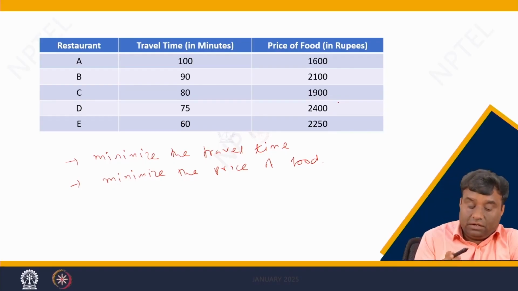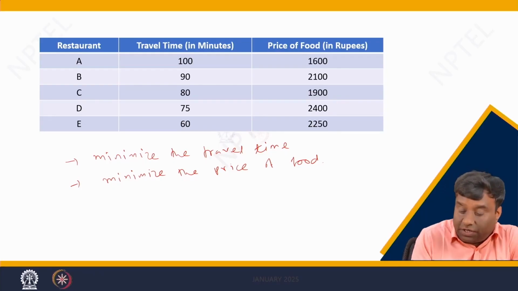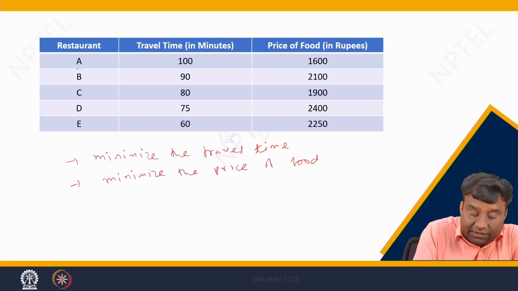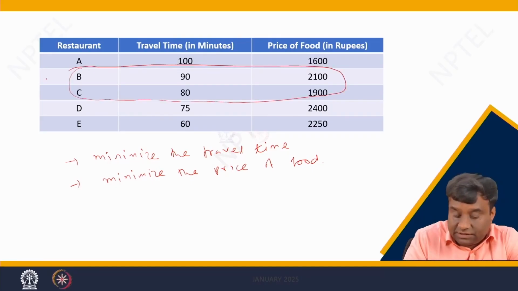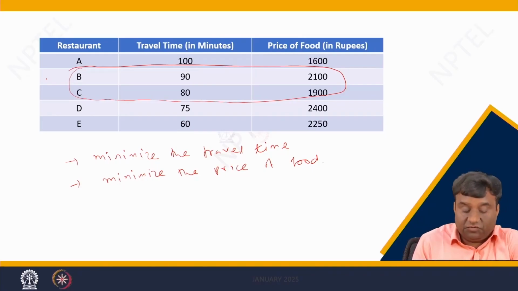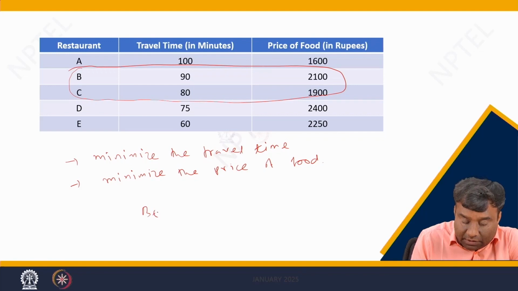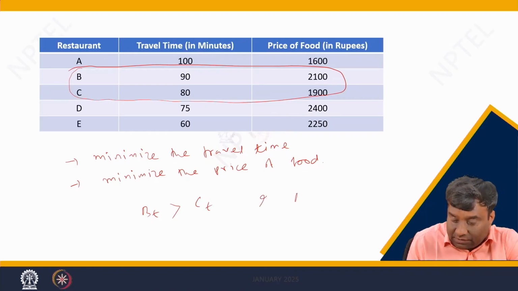So here if we compare restaurants B and C, see the travel time for B, if I write that BT, is greater than CT, and the price BP is also greater than the price CP.